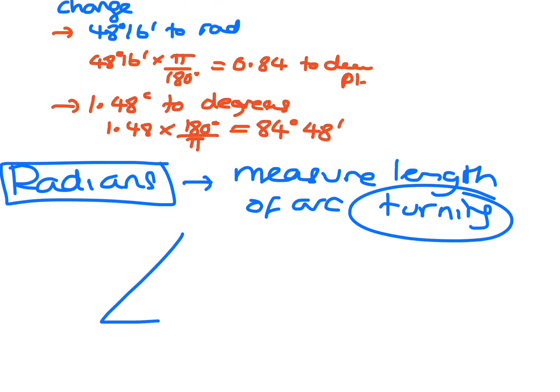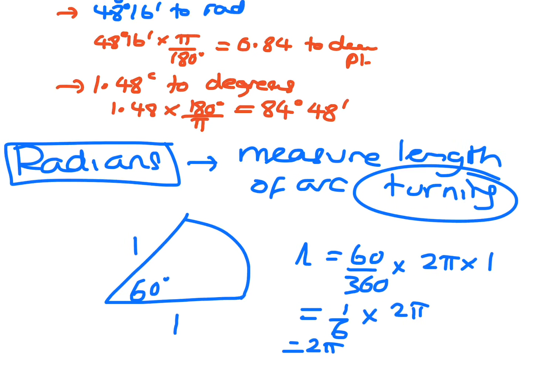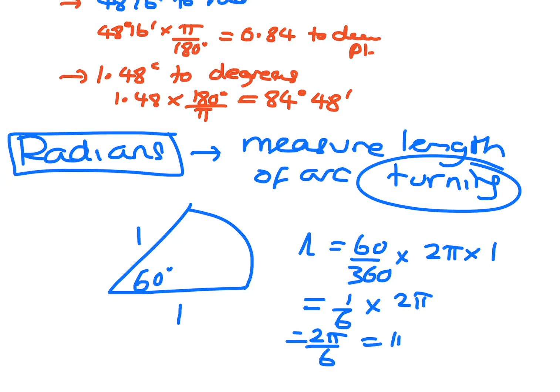So if this was 60 degrees and we were on a unit circle, then the arc length would be 60 on 360 times 2 pi times 1. So that's 1/6 times 2 pi. When you simplify that, that would be 2 pi on 6, or pi on 3.